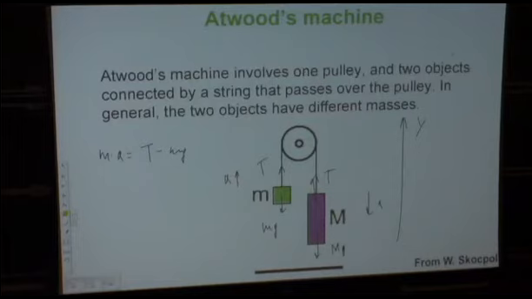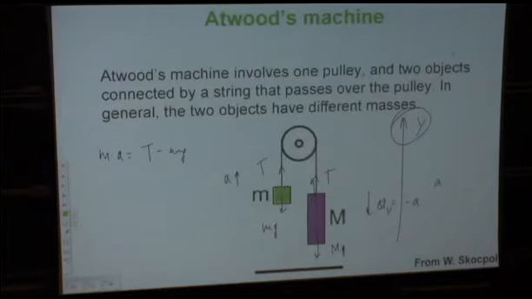And here, relative to this choice of the positive y direction, everything which points down should have a negative component. And I'm using this variable a for the magnitude of the acceleration. So strictly speaking, the y component of this acceleration is equal to this.